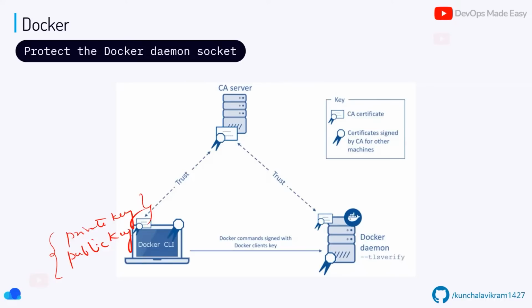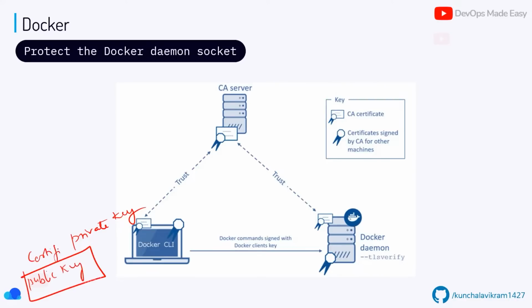So we'll have a public and a private key, correct? But when we talk about a certificate, we have our private key, and we have our public key in the form of a certificate. A certificate will have the public key. This certificate with the public key has to be signed by someone, like your CA. Correct?